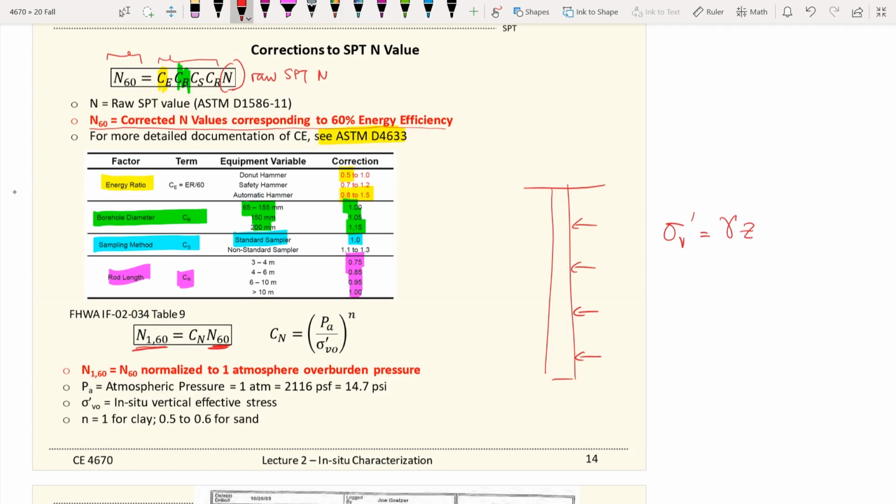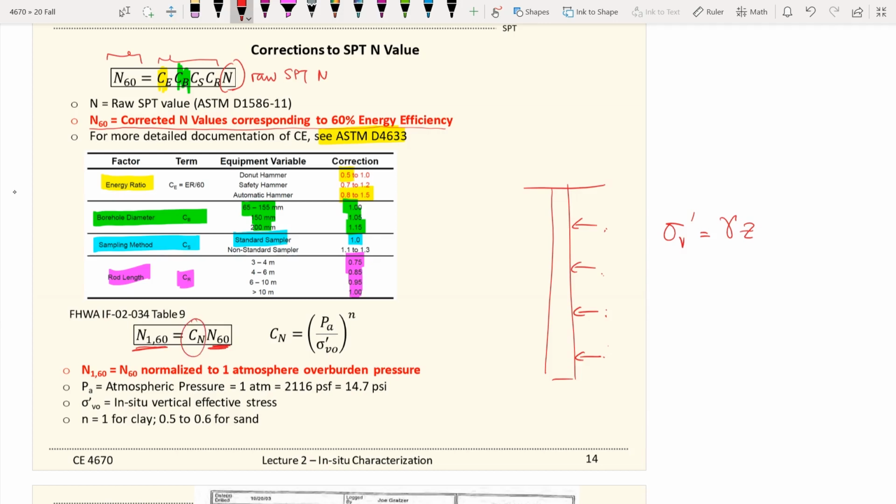So the deeper you go down, the higher pressure you expect. And so at different locations, you may have different resistance, which means different N60 values.